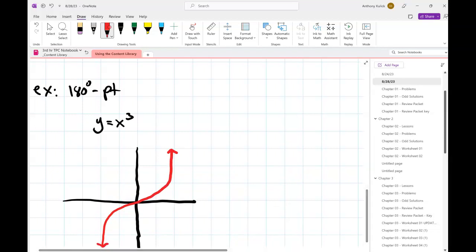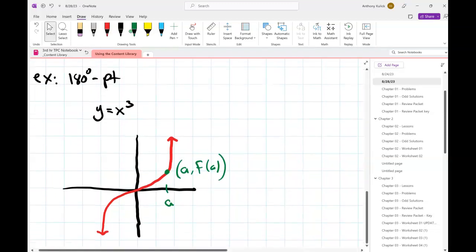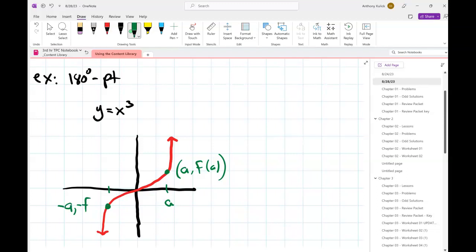So my graph would look something like this. So here, if I have the point a comma f of a, I should also have the point -a comma negative f of a.